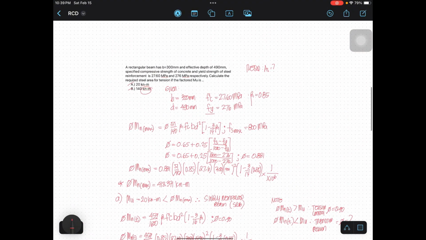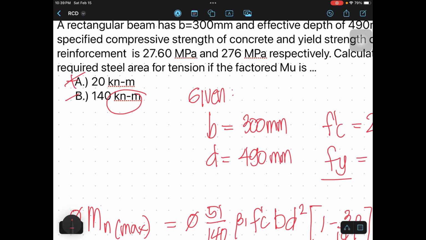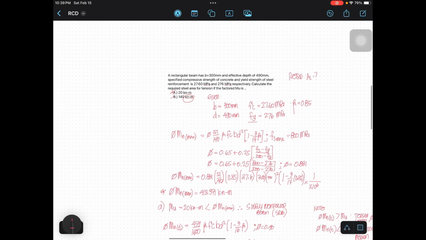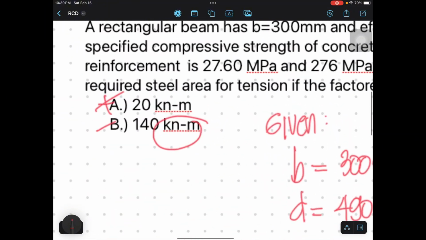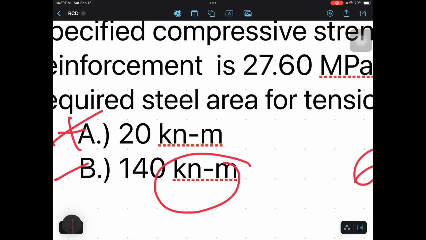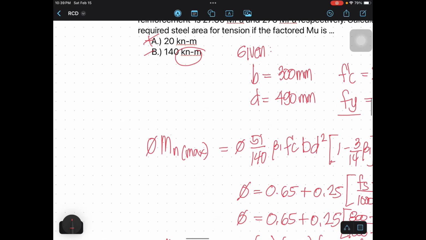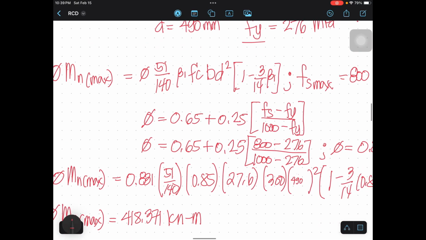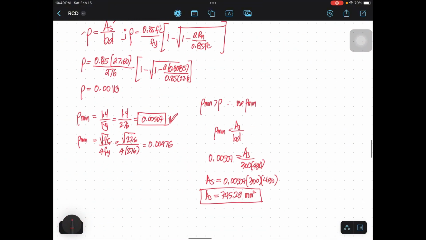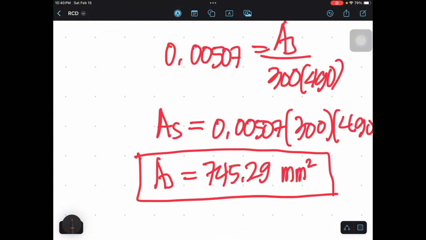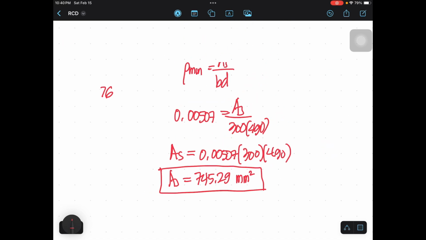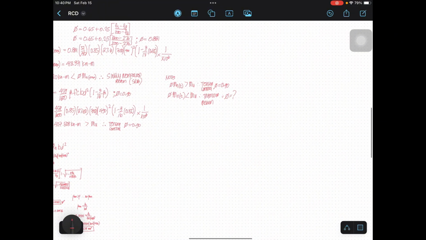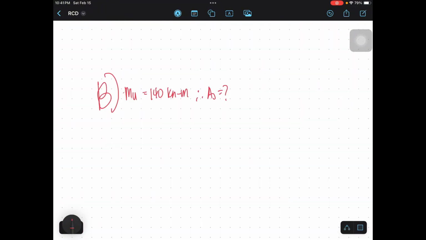Okay. So if yung ating factored moment is 20 kilonewton meter, yung magiging steel area required natin for tension after series of computation ay 745.29. Okay. Next. So kung yung MU natin or yung factored moment is 140 kilonewton meter, ano yung ating area of steel reinforcement required.